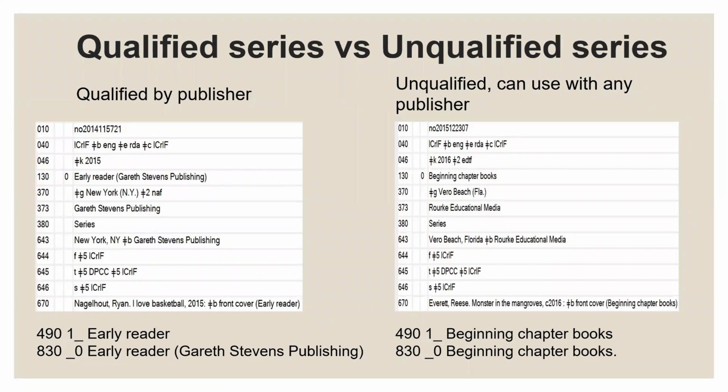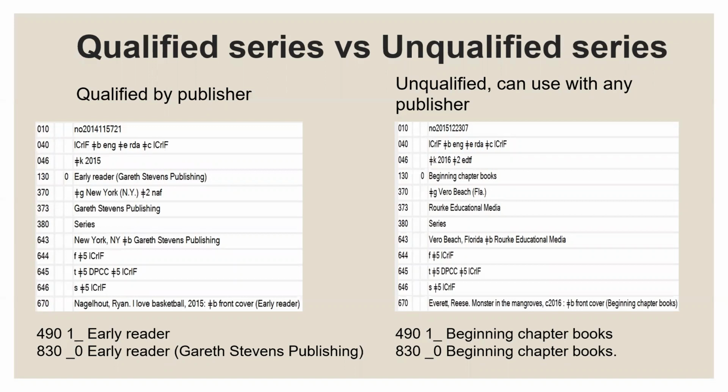But in our record, it tells us that the publisher in the 373 is Rourke Educational Media. I can still use this record because the 130 is not qualified by anything. So it doesn't matter who my publisher is, I can still use this authority record. I hope that's clear.